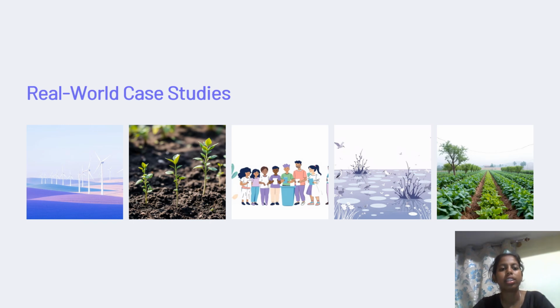Now let's see real world case studies. By using renewable energy resources and minimizing the use of fossil fuels, which cause the greenhouse effect and also the depletion of the ozone layer, instead of using fossil fuels, we can use renewable energy sources.